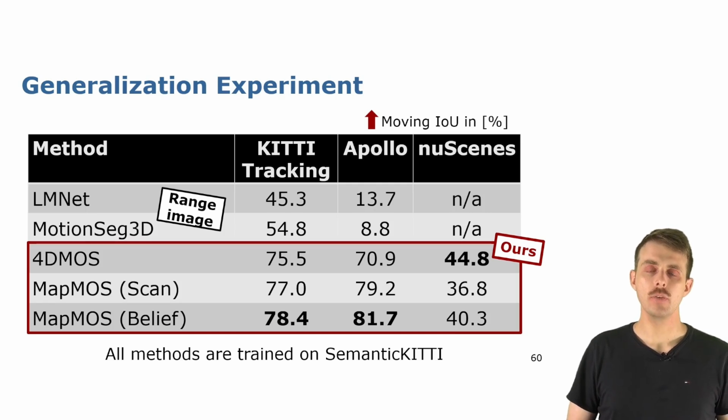If you now compare the last two rows, you can also see that using our belief to further integrate measurements and then query the belief, we can always improve compared to the scan-based approach.